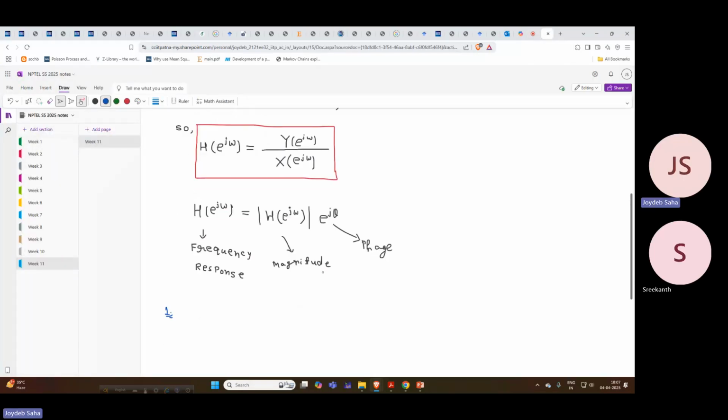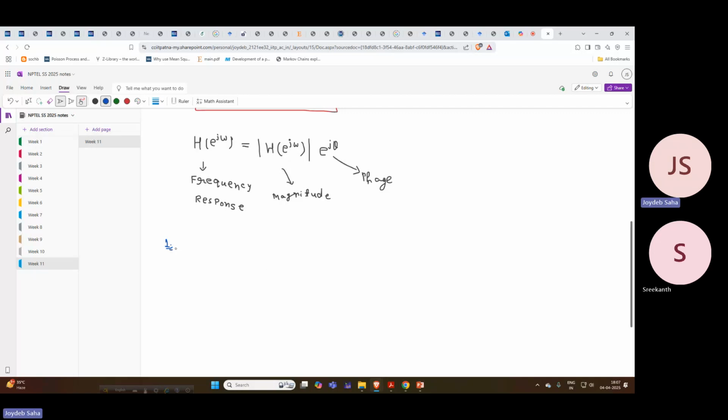Okay, so let us move to question 1. y[n] is equal to x[n] plus x[n minus 1]. Find H of e to the power j omega.